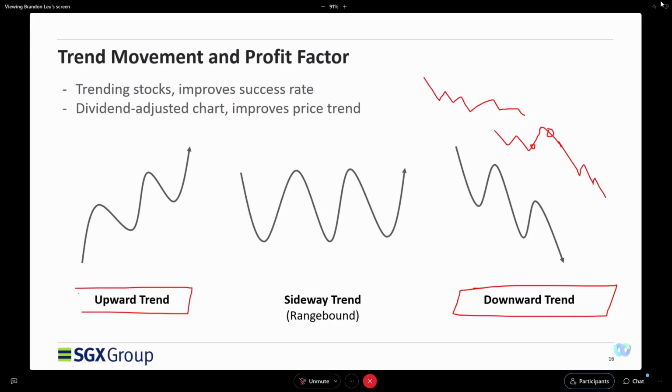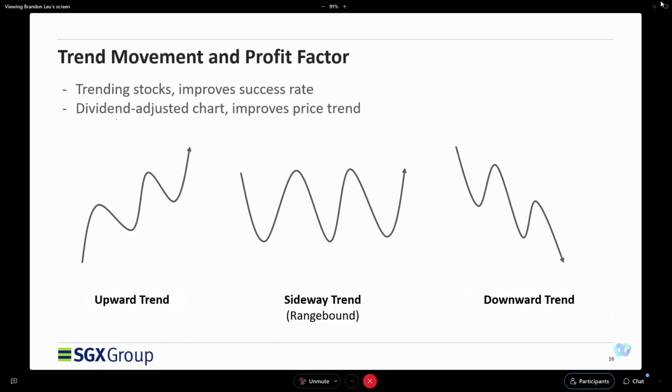The most preferred is upward trend, the average preferred is sideways, and of course those stocks that keep moving downward, we will want to see a solid accumulation area before we put in our position. So the next tip is that for trend trading, I will always use a dividend adjusted chart.